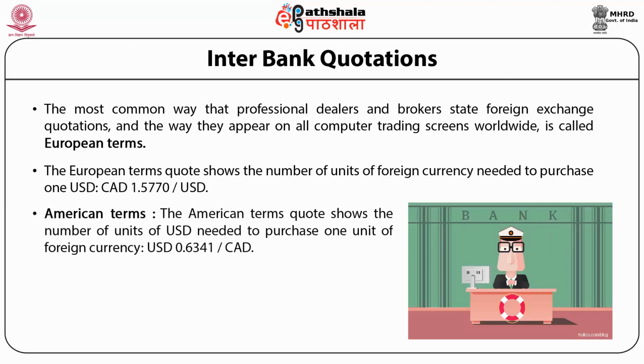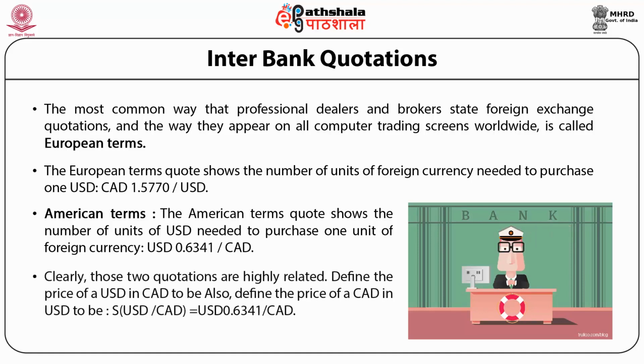An alternative method is called American terms. American terms quote show the number of units of US dollars needed to purchase 1 unit of foreign currency. For example, the reverse will be 1 Canadian dollar is 0.6341 US dollars. Clearly, the two quotations are highly related.